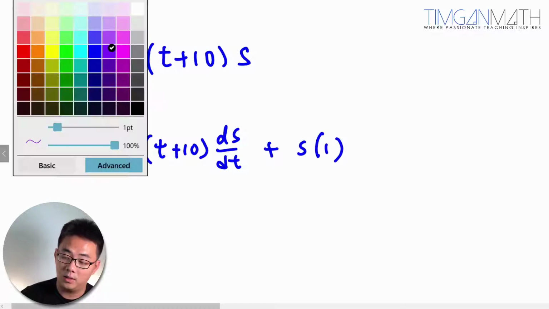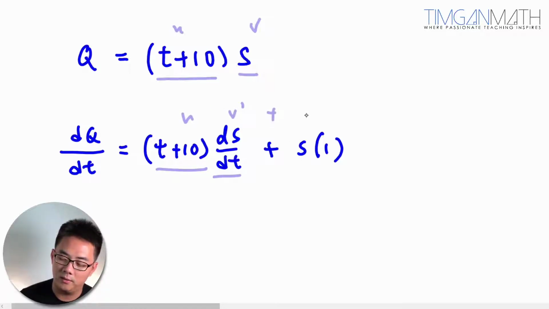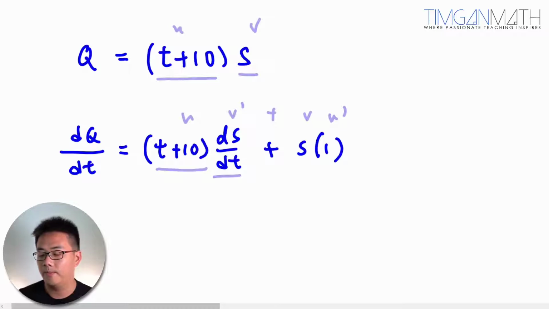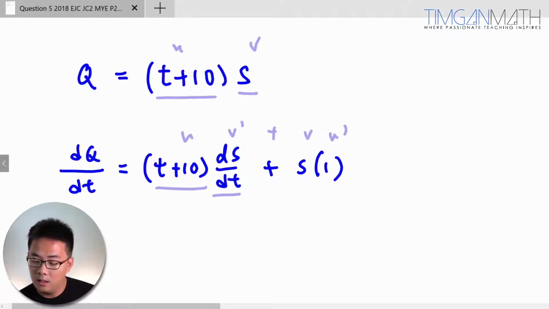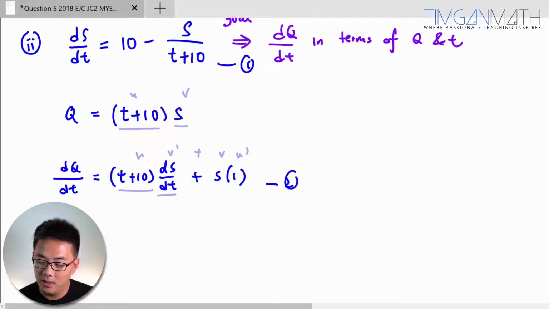This is your u, this is your v, so u v prime plus v u prime. Once you get that ready, you just substitute 1 into 2.